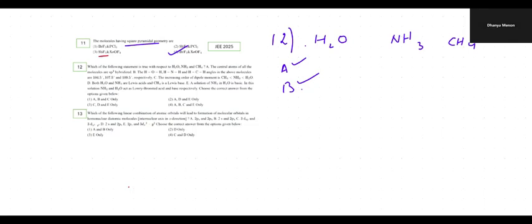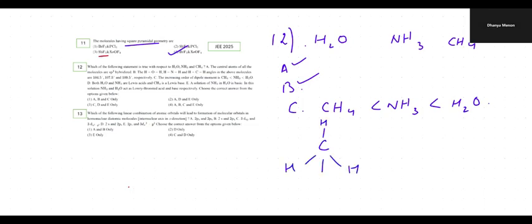Coming to the third statement, the increasing order of the dipole moment is CH4 is less than ammonia, is less than water. So we have carbon hydrogen dipoles.